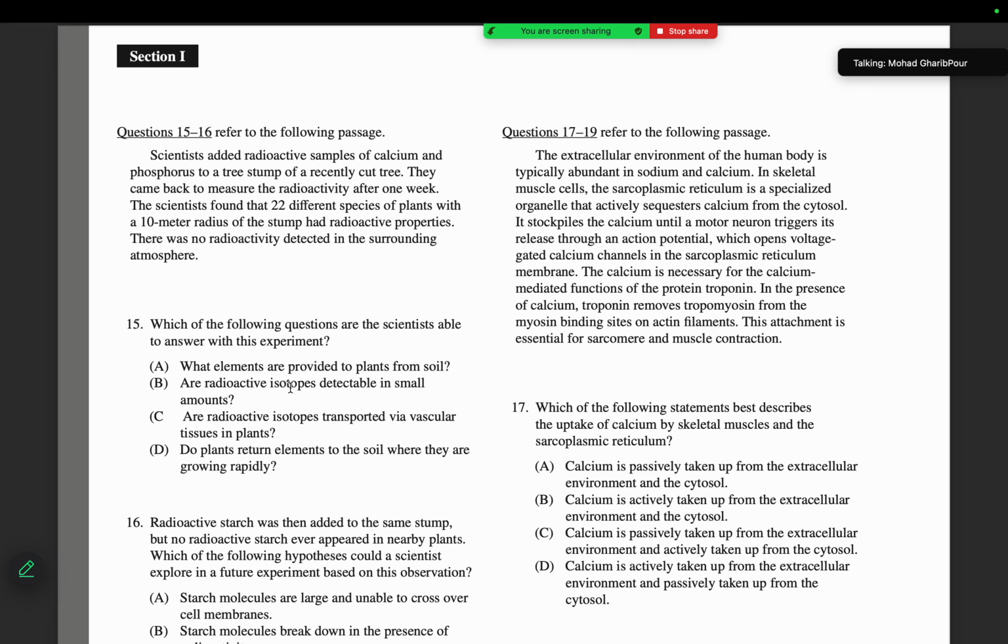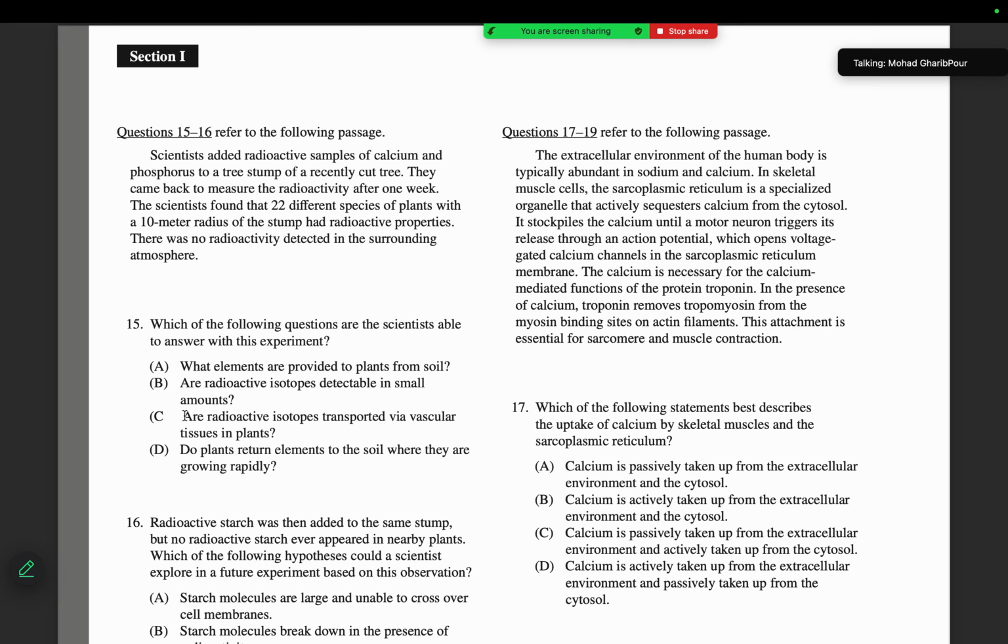Are radioactive isotopes detectable in small amounts? Again, you don't need to measure plants' uptake of radioactive isotopes in order to measure this. So B is out.